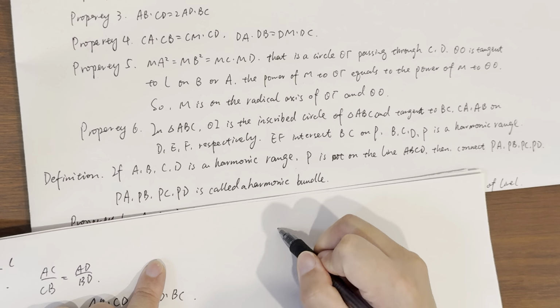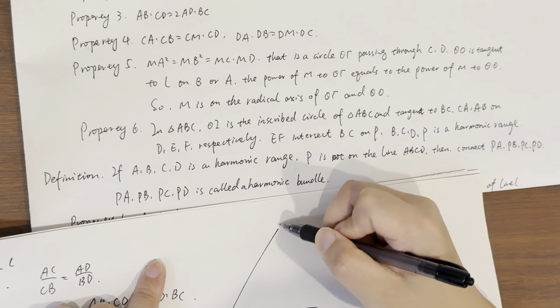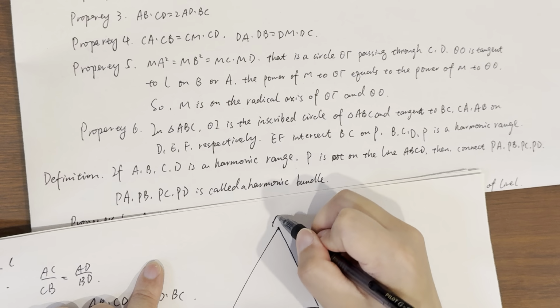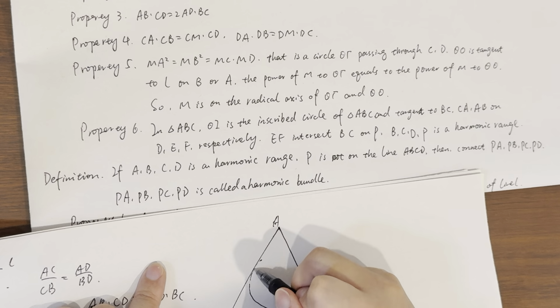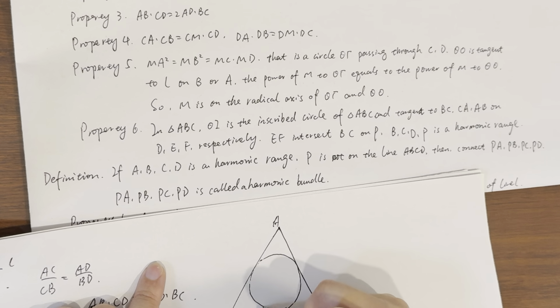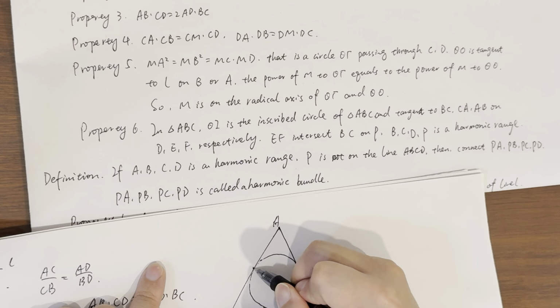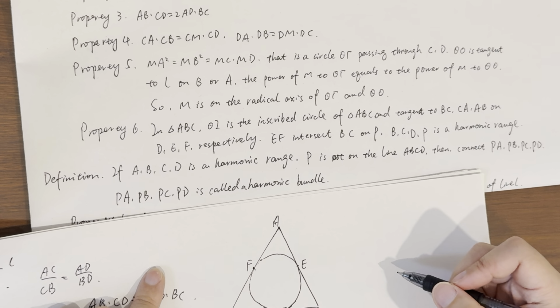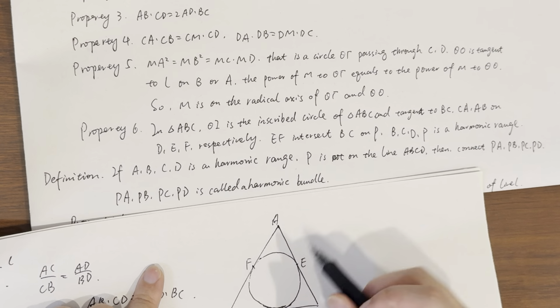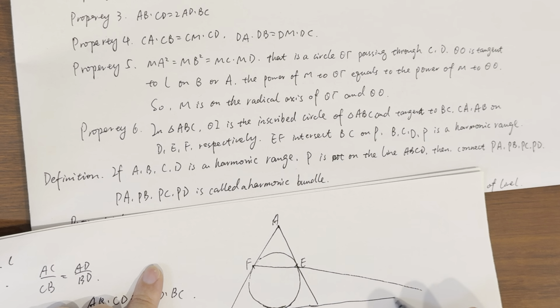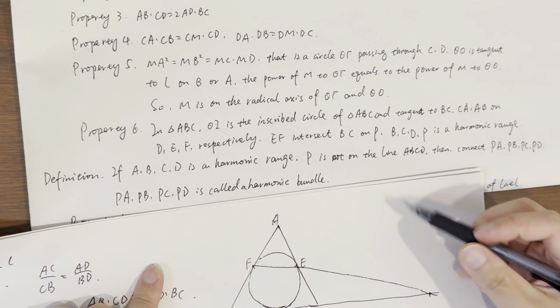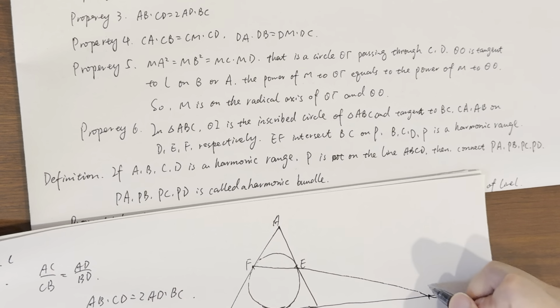So basically we have a triangle ABC here, and we find the inscribed circle, with points D, E, F. And EF intersects BC at point P.